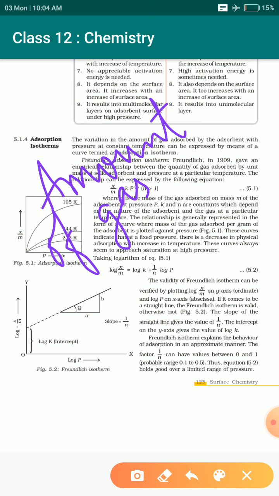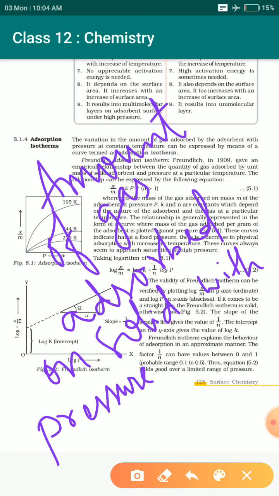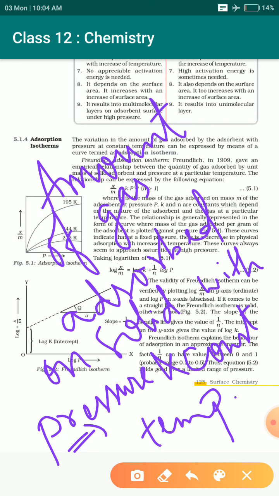It shows, by the help of a graph, what amount of gas is adsorbed on the solid within the limits of pressure, that is, at a certain pressure and constant temperature.